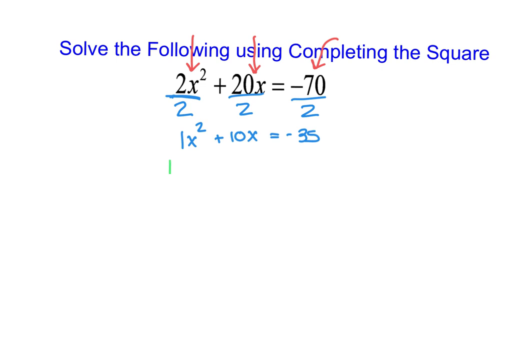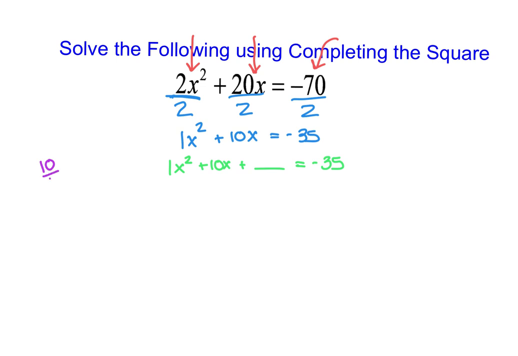So now I'm going to start thinking, okay, I have 1x squared plus 10x, and I need to figure out what I need to add in here to make that a perfect square trinomial. The easiest way to do that is to look at the coefficient of the x term in the middle, which is 10.